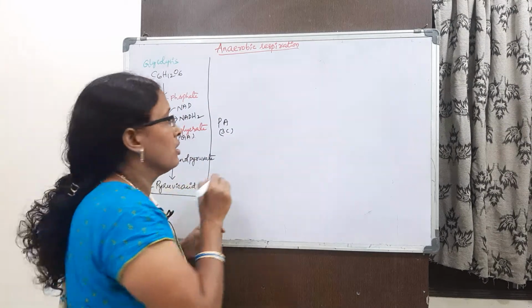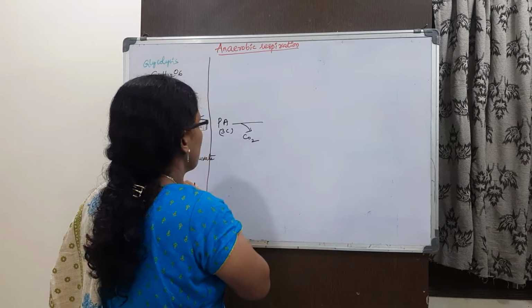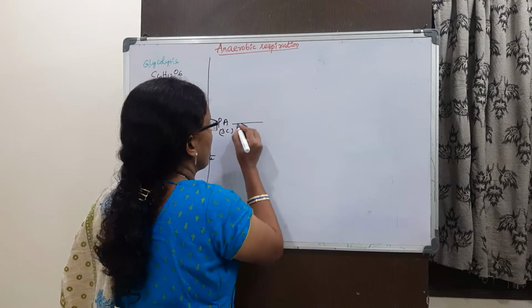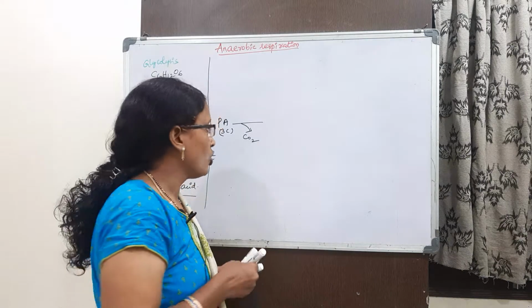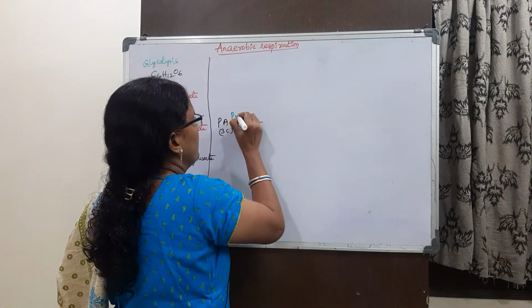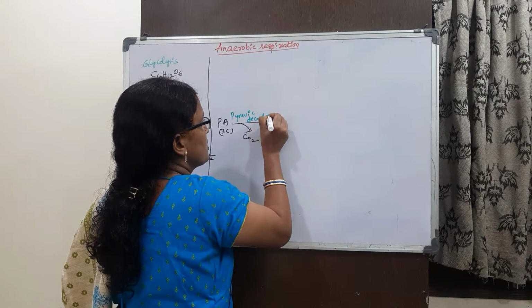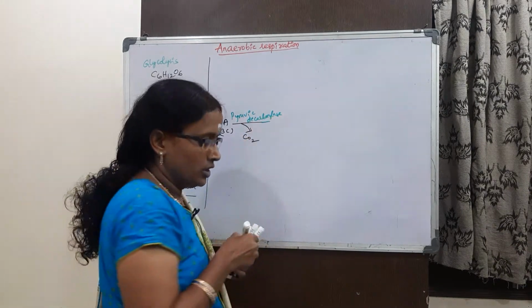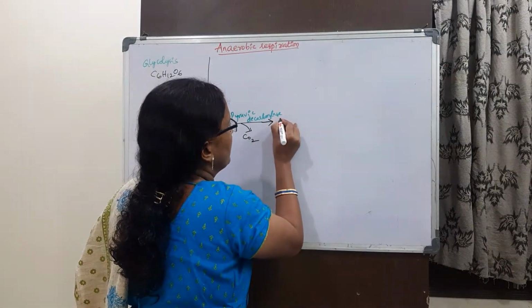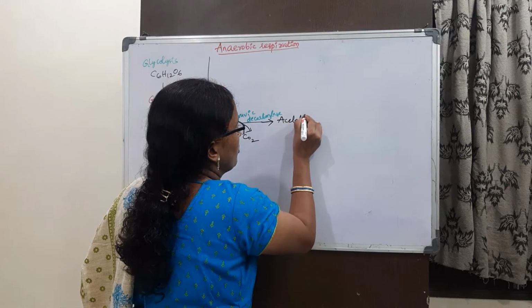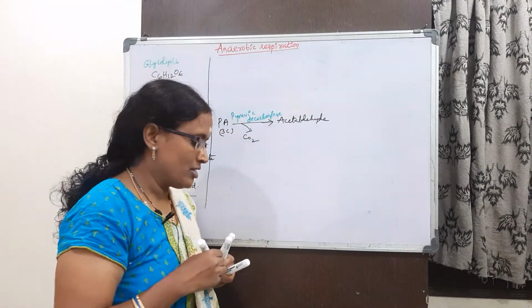By losing 1 carbon dioxide, in the presence of the enzyme pyruvate decarboxylase, it is going to convert into acetaldehyde.